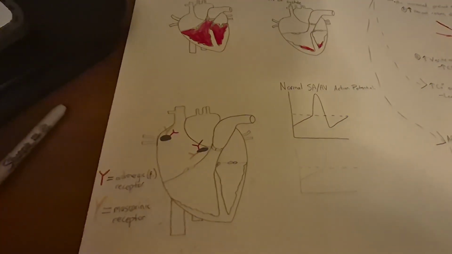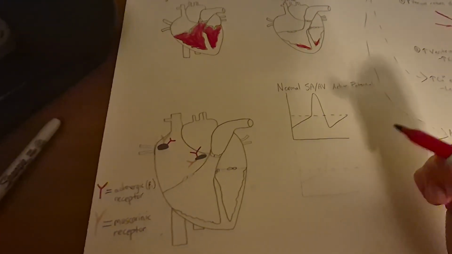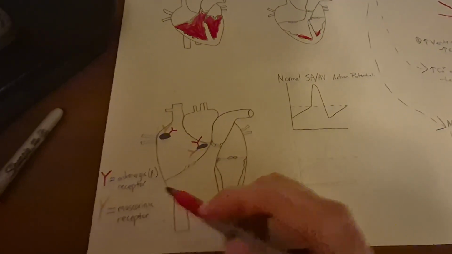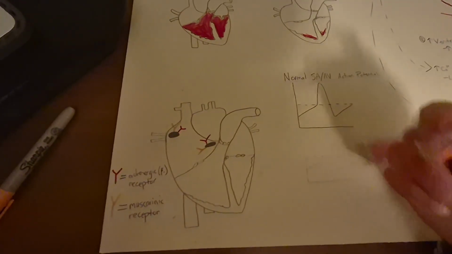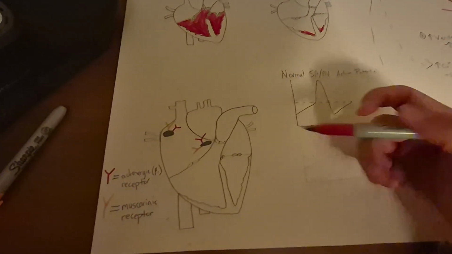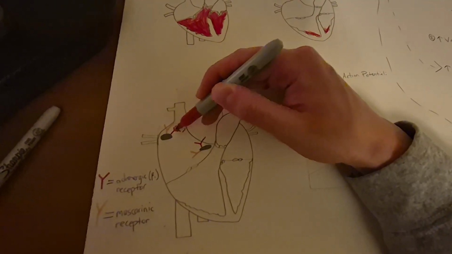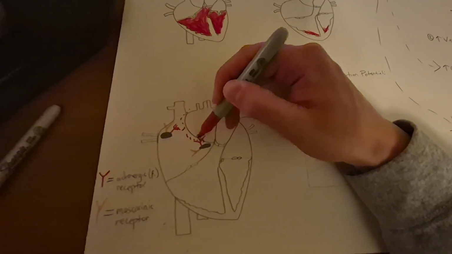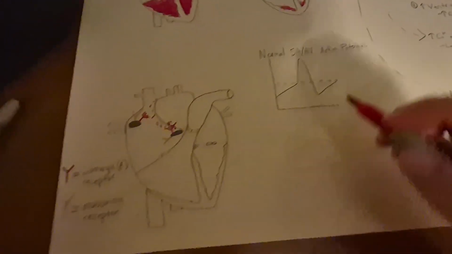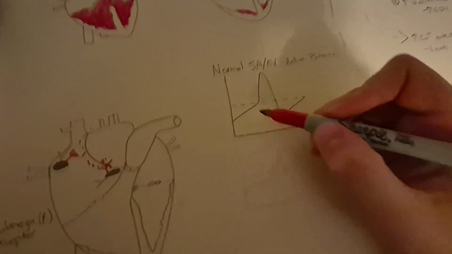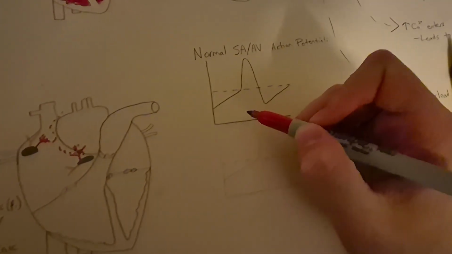So when norepinephrine or epinephrine binds to an adrenergic receptor, when it's sympathetically stimulated to increase heart rate, the action potential is going to hit threshold sooner.